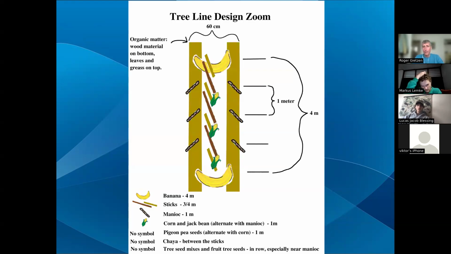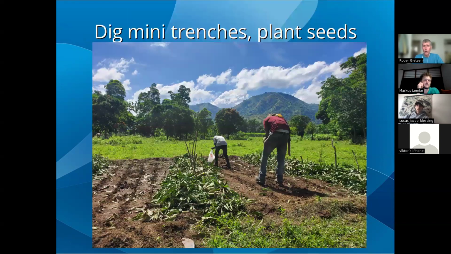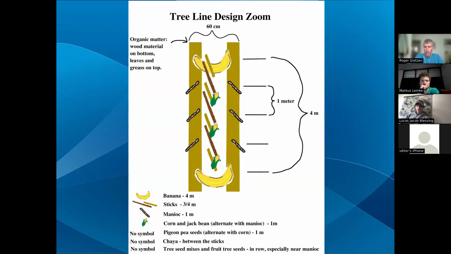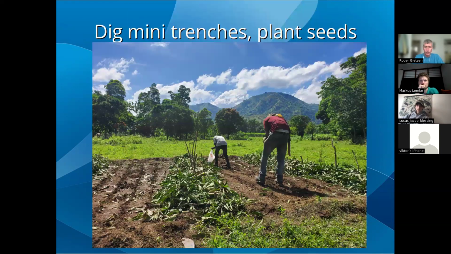This is just a graphic to go back to, to get an idea of the exact spacing that we use. Won't go through all of this right now. This is one potential way. And if you follow me to this point, we've finished planting the tree line. So then we're focusing on the interrow. And in this case, we probably did what we often do. We dug little trenches to plant the grass seed, which was Mombasa.